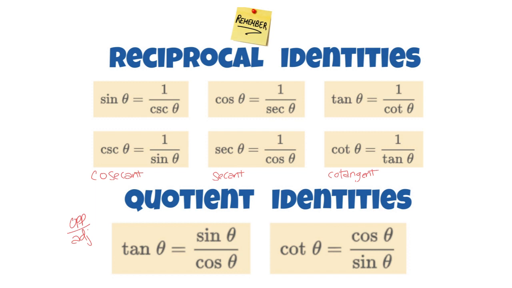Well, if I were to write sine over cosine, I'm going to come over here. You don't need to write this stuff down, but the sine is opposite over hypotenuse, and cosine is adjacent over hypotenuse.